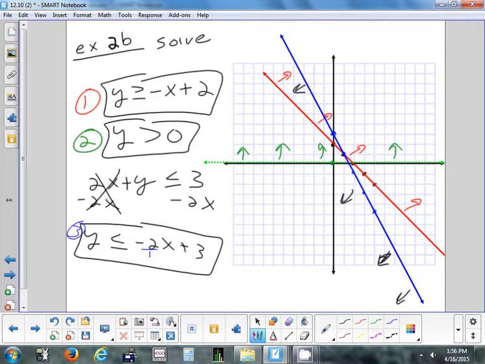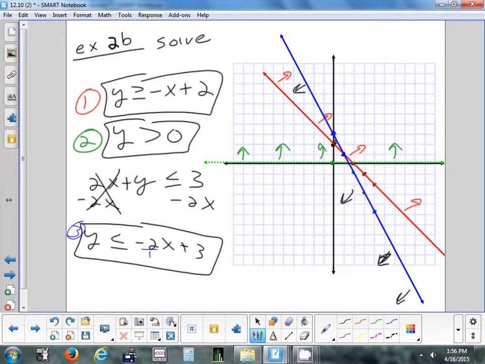Okay, now we're going to figure out where we're going to shade. We are below the blue, above the red, and above the green. Where does that happen? Yeah, it's right in this area here.